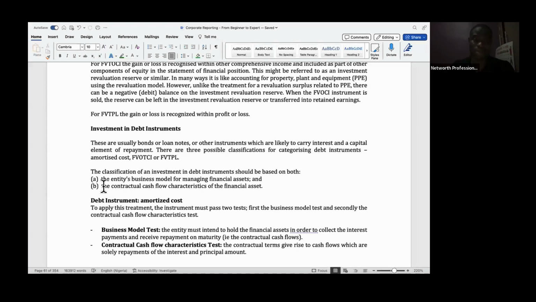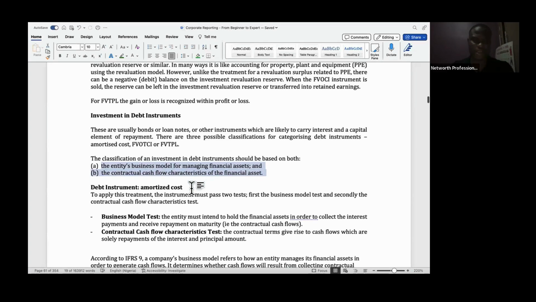Forget this big grammar also. This one is just talking about, is there a contract or not? Is there a contract that specifies how he's going to make money? That's what it means, right? So it's these two. When you analyze them, that will determine how you're going to classify them.